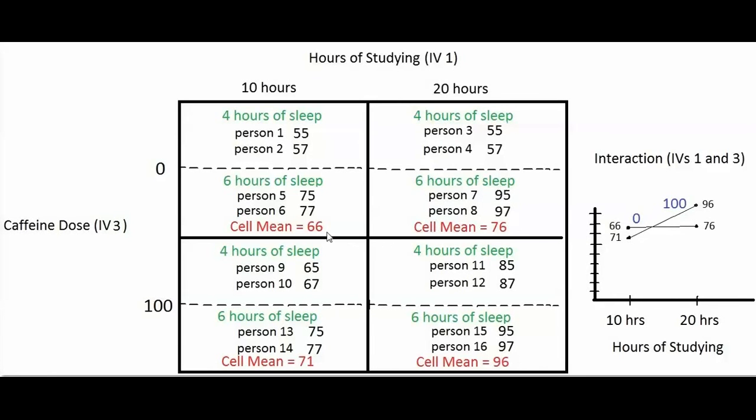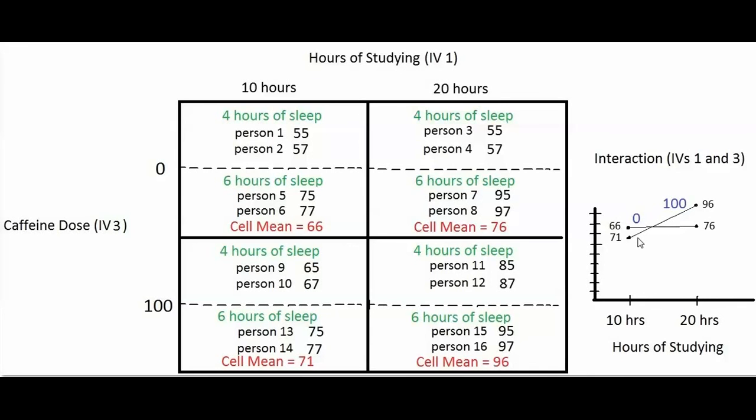They're not parallel because this goes up by 10, this goes up by 15, and actually the lines cross, so they're definitely not parallel. So we do have an interaction between hours of studying and caffeine dose in this graph. The effect of hours of studying with 0 milligrams of caffeine is different than the effect of hours of studying with 100 milligrams of caffeine.